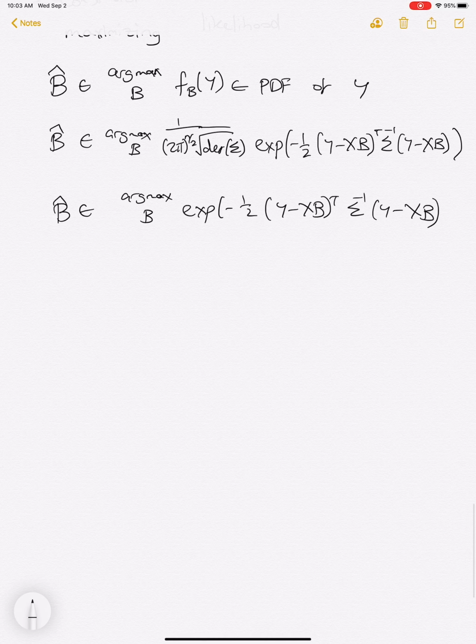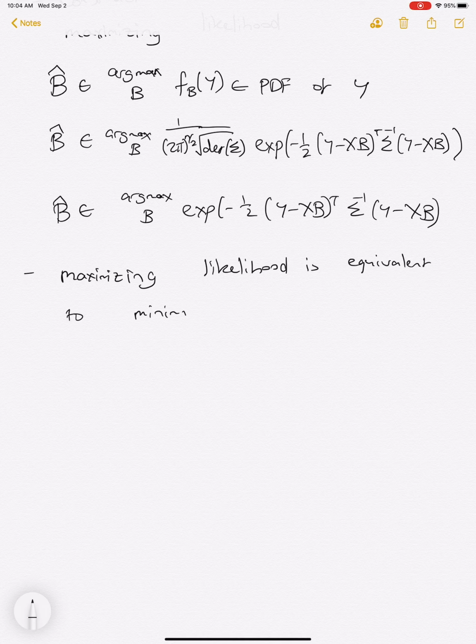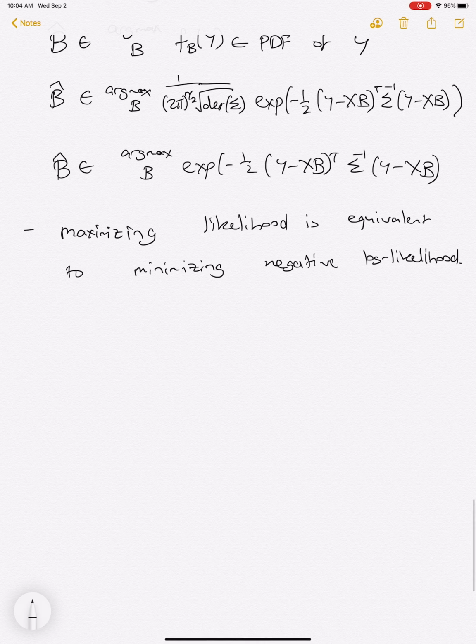Okay, and then the other thing to notice is that maximizing likelihood is equivalent to minimizing negative log likelihood.